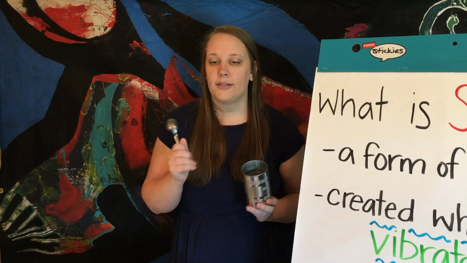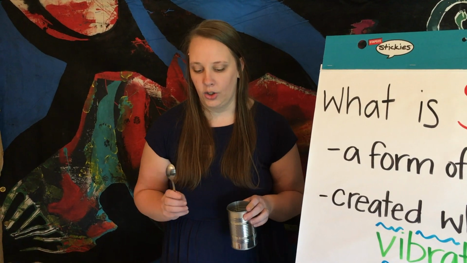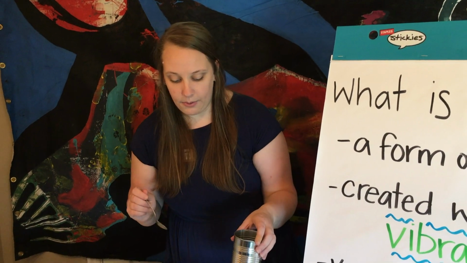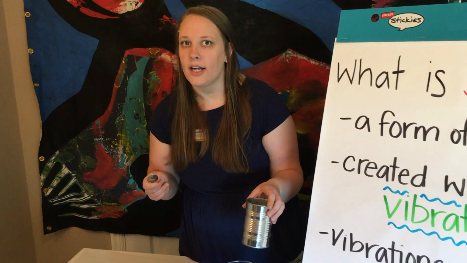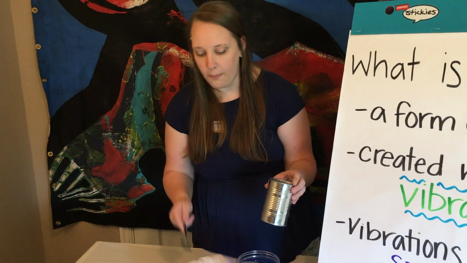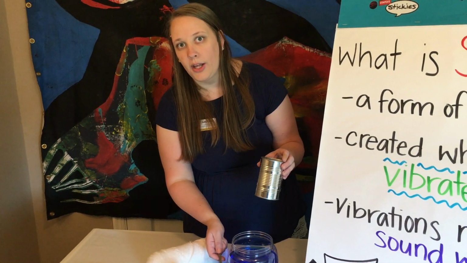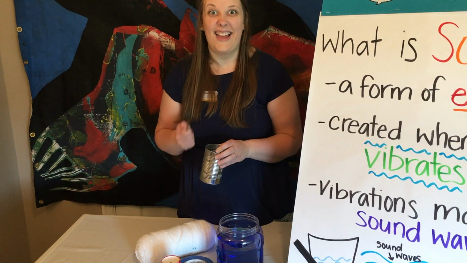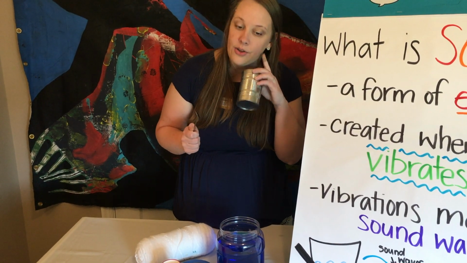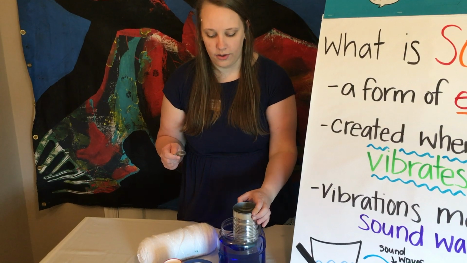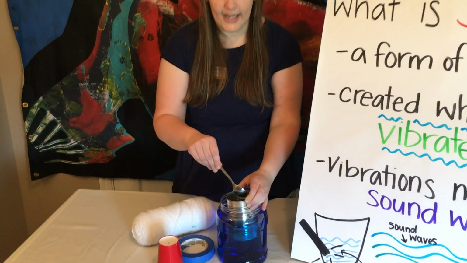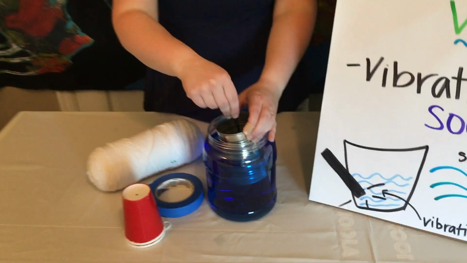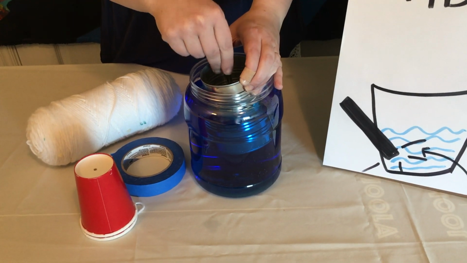The last one is one that you're going to need to kind of test at home. I'm going to do an example for you right here, but it's not going to work exactly as well because ideally you would put your ear up next to this, or you could even try it like in your bathtub when you go under the water and see what you can hear through it. But I'm going to put this tin can in the water, and I'm going to make that sound.